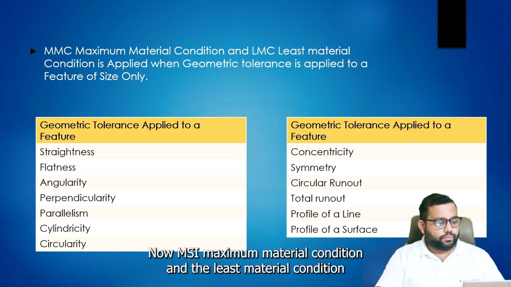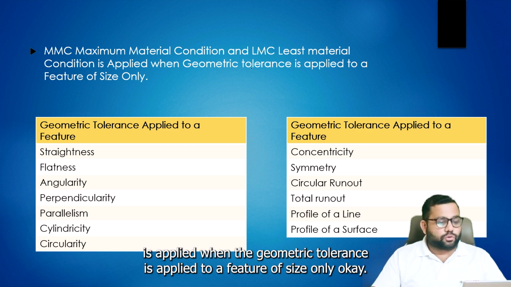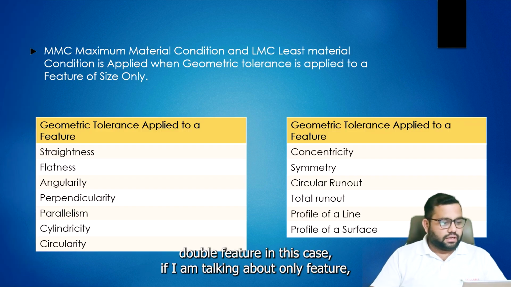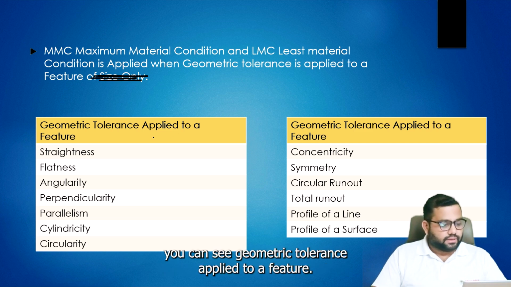Now, MMC, maximum material condition, and the least material condition are applied when the geometric tolerance is applied to a feature of size only. If I am talking about only a feature, you can see geometric tolerance applied to a feature.